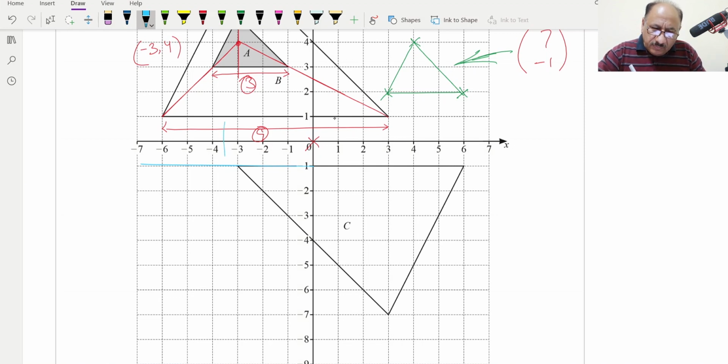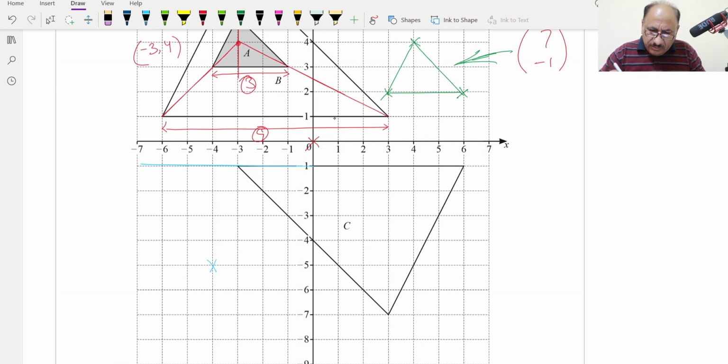For reflection, we'll be checking how many units from this line of reflection. So 1, 2, 3 and 4 units. So 4 units away on this side, we count 1, 2, 3 and 4 units, and it will be this point.